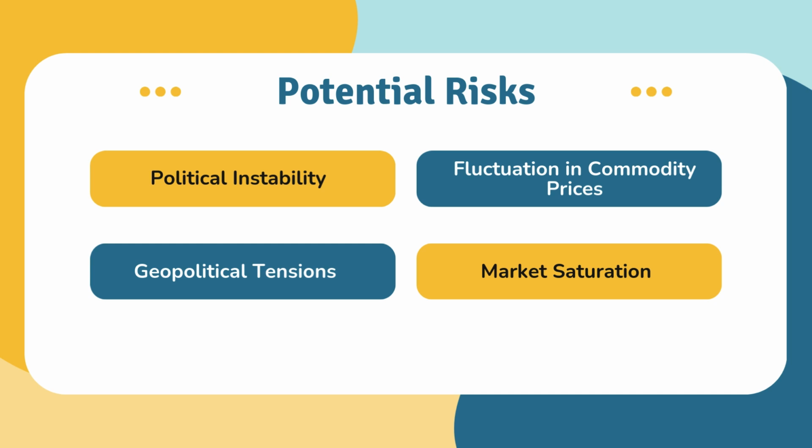And next is geopolitical tensions that surround Europe's neighboring countries of Portugal. And last but not least is market situation. As we all know that Portugal is a well-developed country, so there will be a risk that the market competition will be too high.